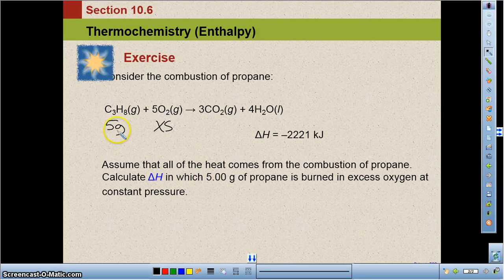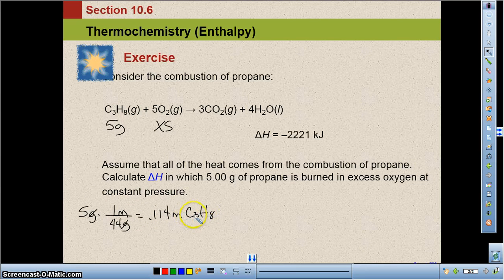So the first thing we have to do, because this goes by mole ratios instead, we have to change 5 grams of C3H8 to moles. So we're going to come down here and take 5 grams times the mass of C3H8, which is 44 grams per mole. We take 5 divided by 44 and get 0.114 moles of C3H8.